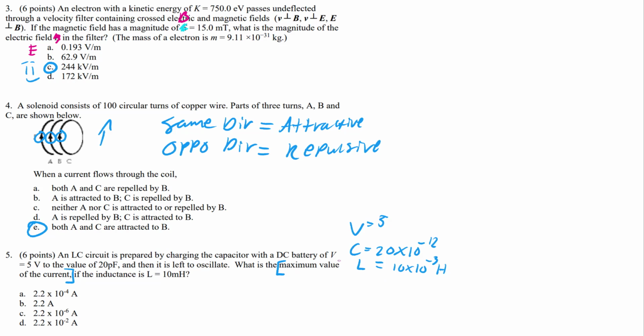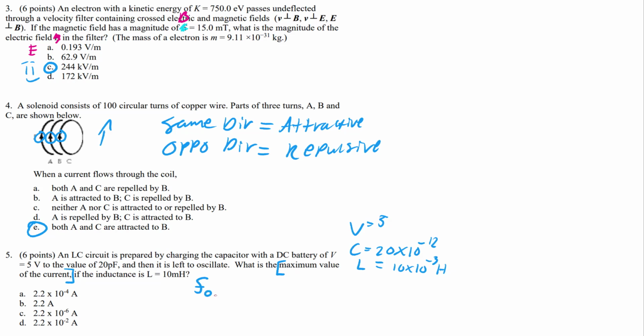The main thing that you have to be on the lookout for here and on the exam is that whenever you want to find the maximum value for anything, for instance, the maximum value of the voltage or the current or the resistance, you're going to be using the resonance frequency. So what's the resonance frequency? Normally you would just be using frequency, but in this case we're going to be using resonance.